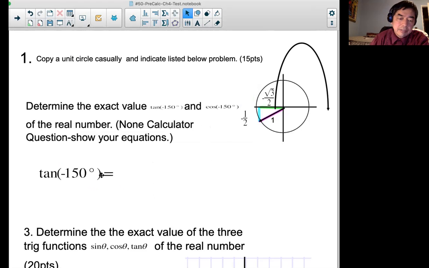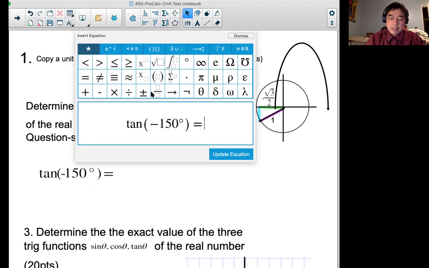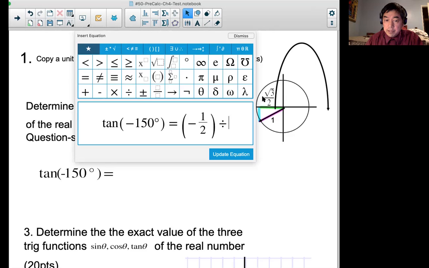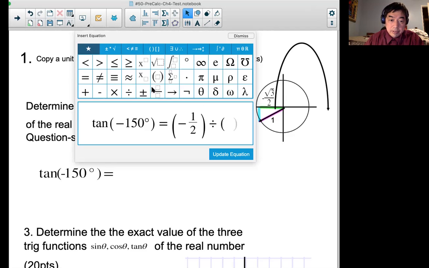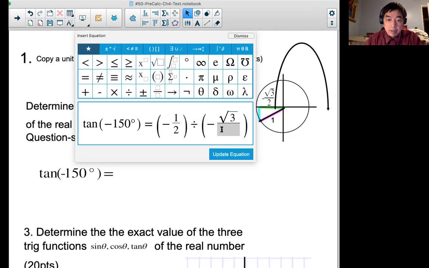Negative divided by negative is positive, but we just remember this is going to be negative half divided by negative square root 3 over 2.